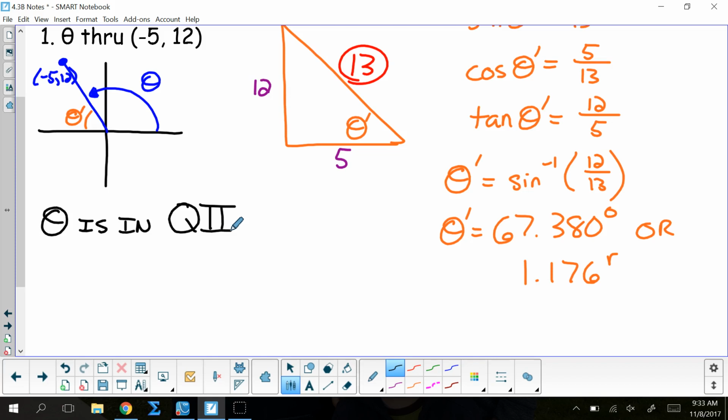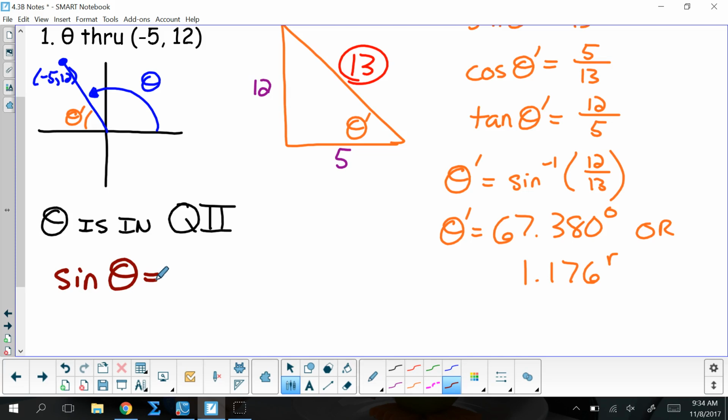If sine is positive, that means cosecant is positive. If tangent is negative, that means cotangent is negative. Right? Okay? So when I switch this over to the sine of my actual theta, it's got to be positive, correct? Right?